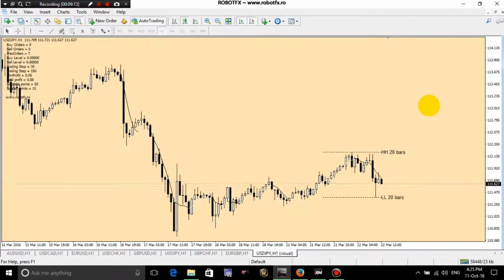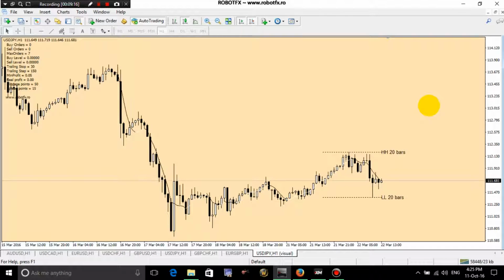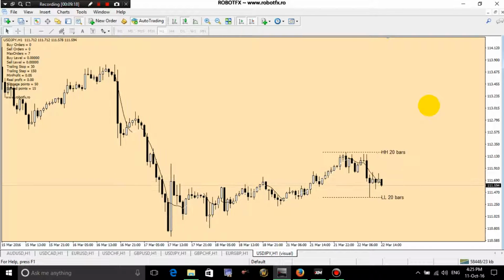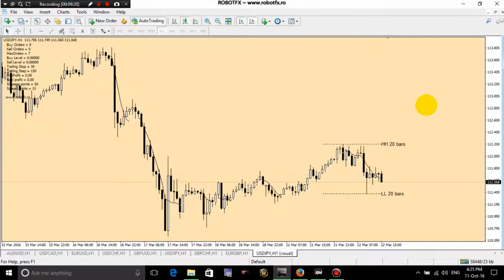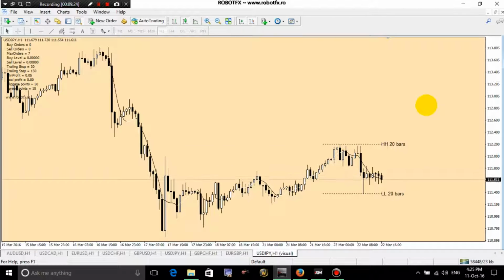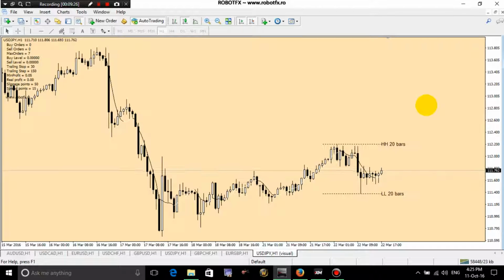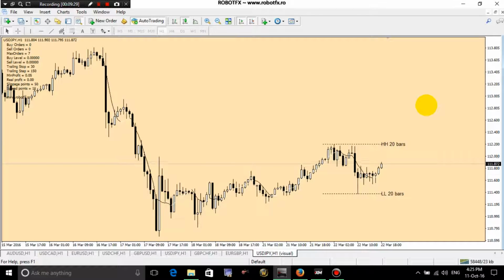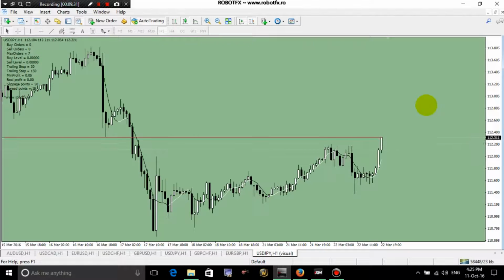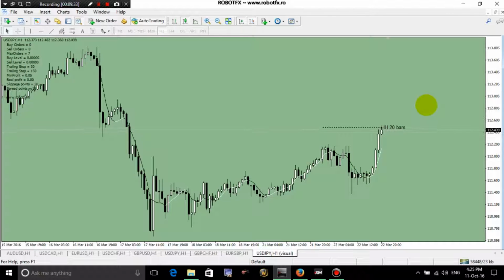Anyway, it looks like the trend changed, or is about to change, into an uptrend. The price started to rise. And we are waiting and waiting for the non-lag moving average to change color, and for the background color to be a definite green.